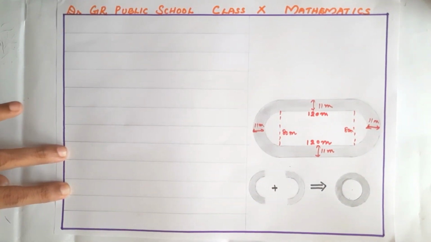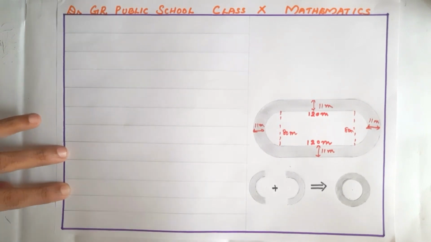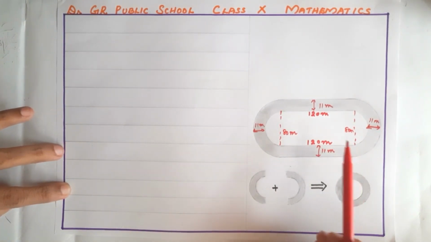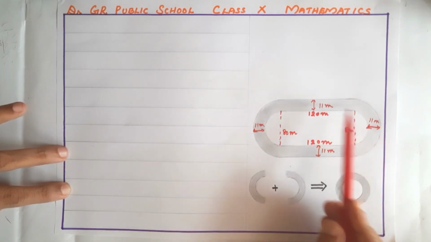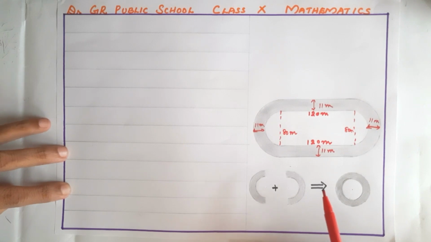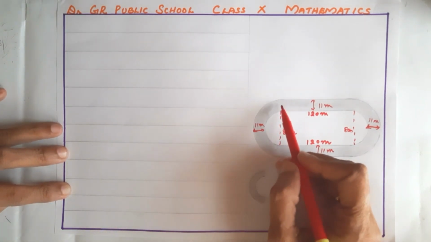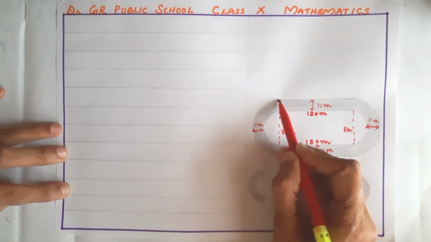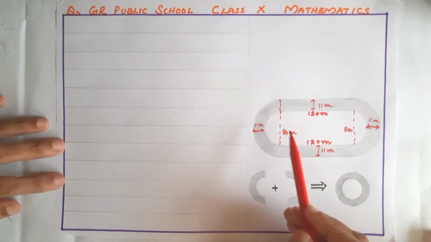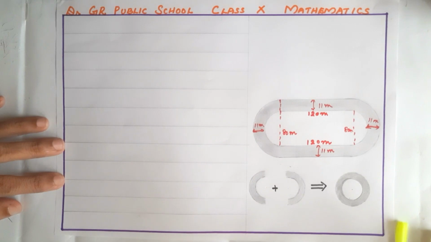Okay, children. So for easy calculation, I am going to split this shaded region into 4 parts. One is, see, I am drawing one here, another part.